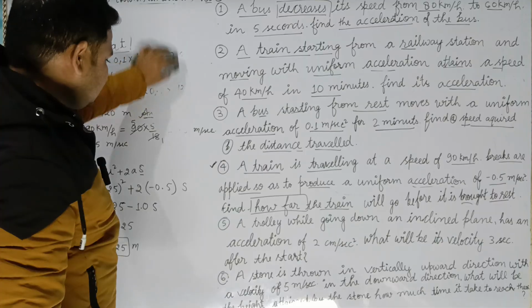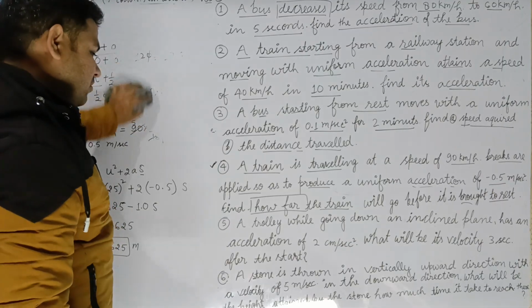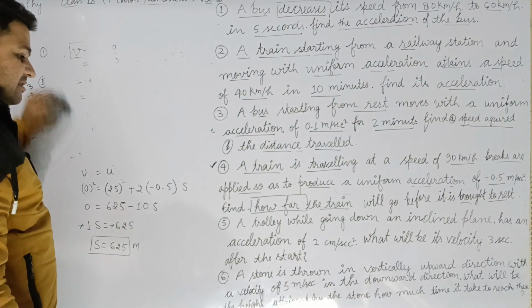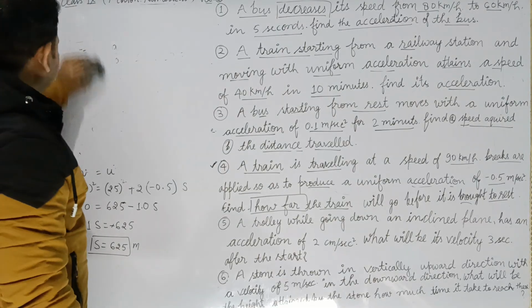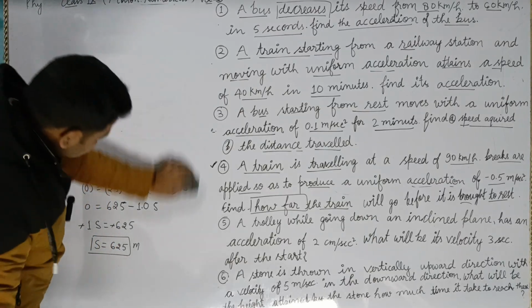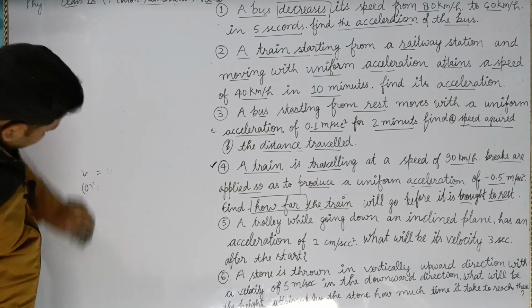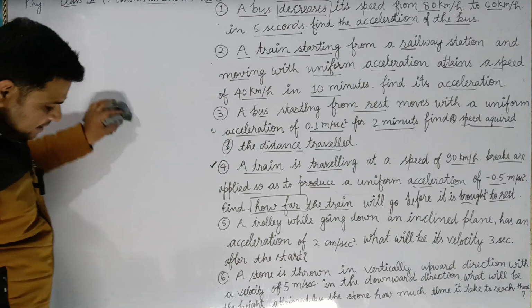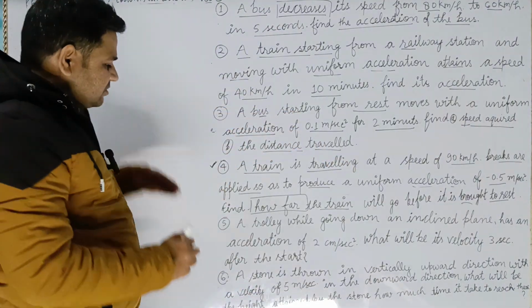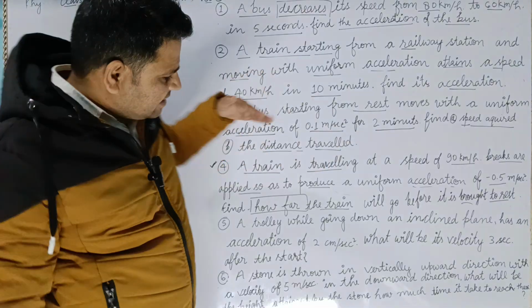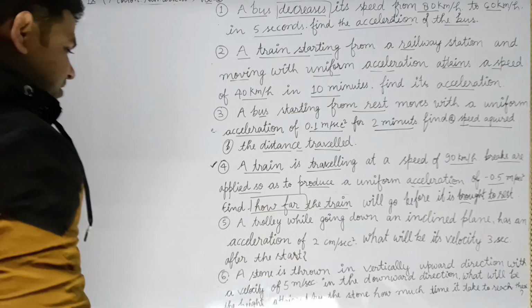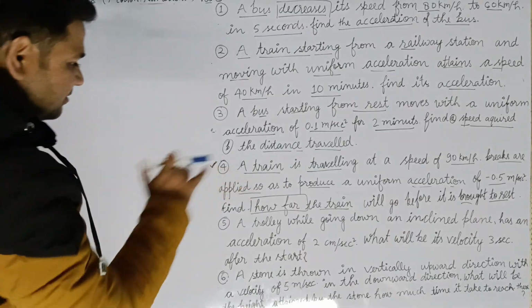Question number 5 says a trolley while going down an inclined plane has an acceleration of 2 centimeter per second square. The trolley is passing through an inclined plane.